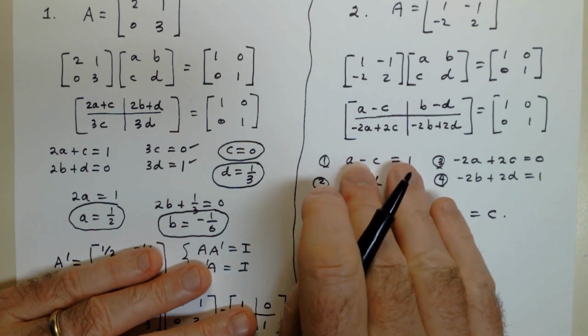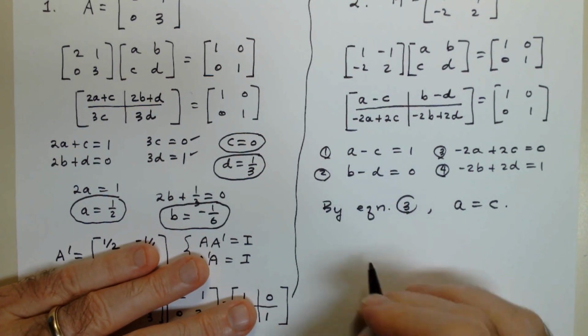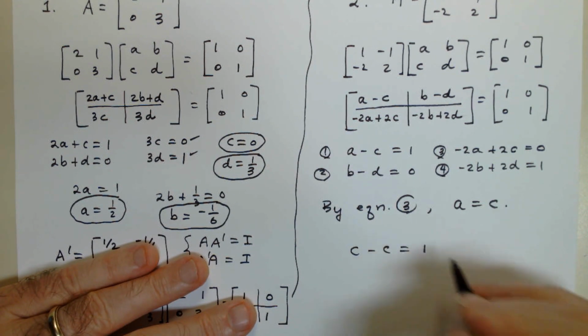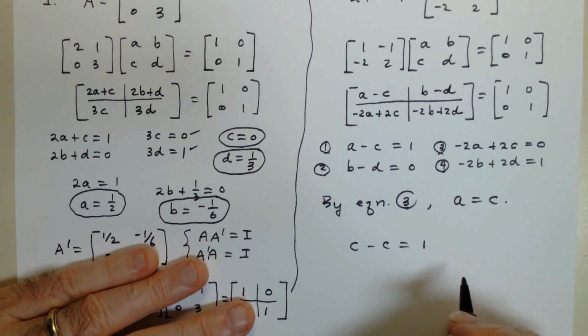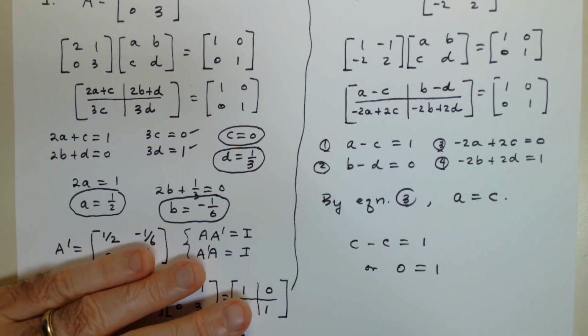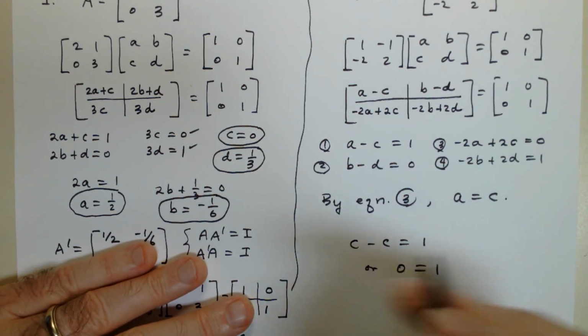Now when I take that and I put it into equation 1, we get the implication that C minus C is equal to 0, or 0 equals 1, which is a contradiction, right?